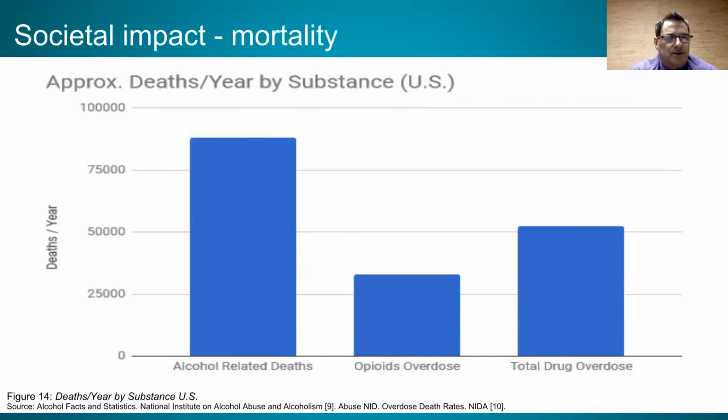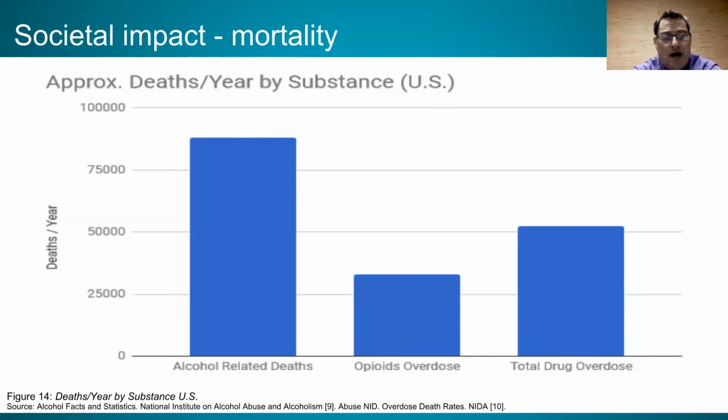This is the societal impact in terms of mortality, and for all the talk that we've had on opioid deaths, and it is significant because it's now much higher than motor vehicle related deaths, last year I think there was a combined total of 65,000. Actually, I think that was the year before.